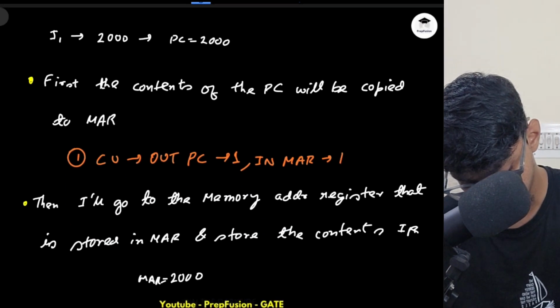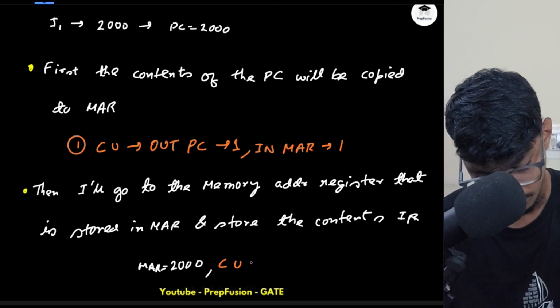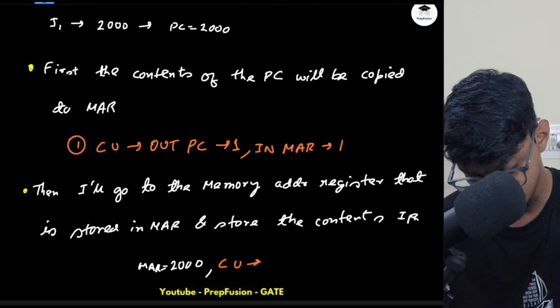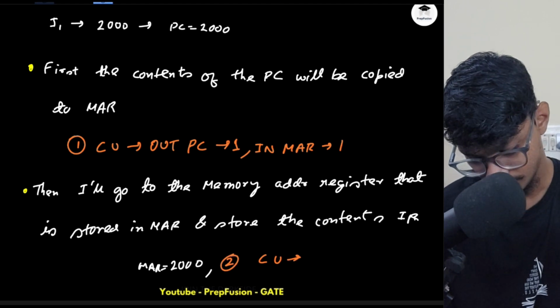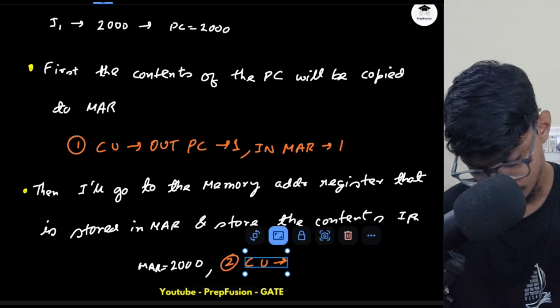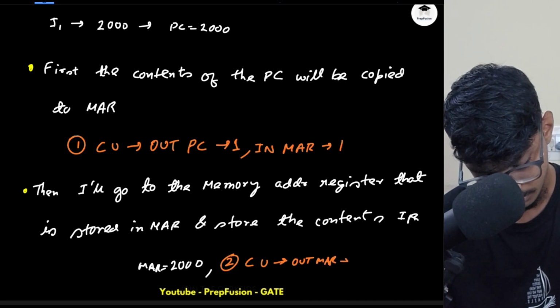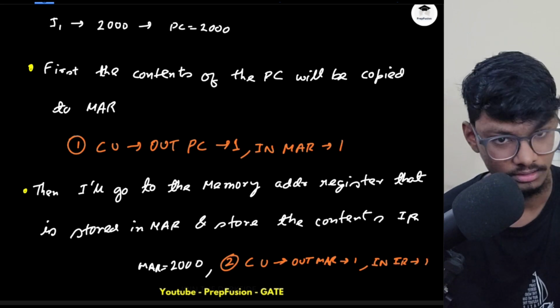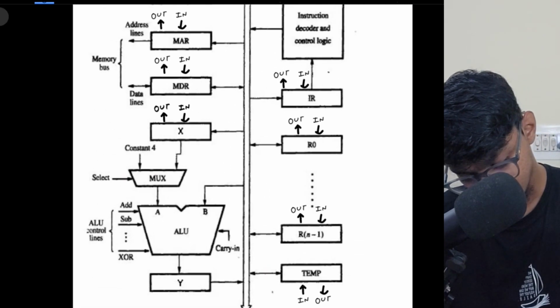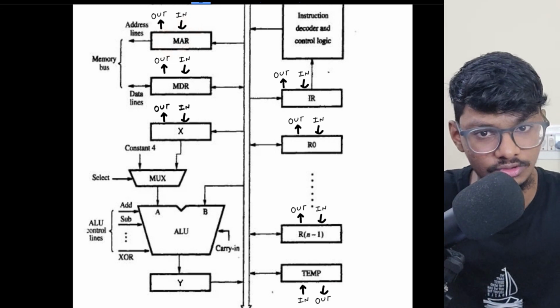Here the CU makes the out of MAR 1 and the in of IR as 1. Whenever there is some out signal, we already know that it is coming from an address register. So we will only go to the address; we will not directly store it somewhere.